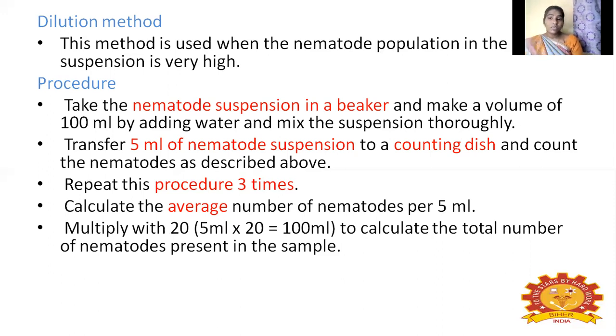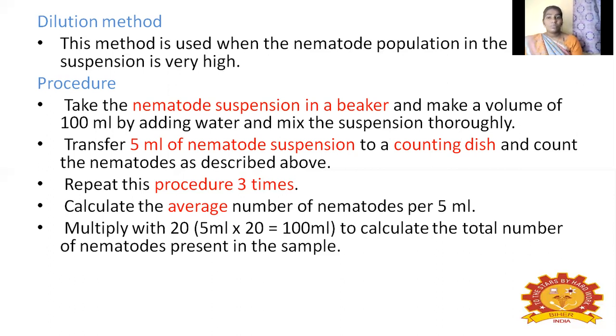Another thing, in Cobb's decanting method we sieve the nematodes in a series. Normally in the 60 mesh sieve we can collect the cyst nematode. That cyst nematode should not be directly assessed under the microscope. The cyst has to be cut or crushed, so inside the cyst we can see a large number of eggs.